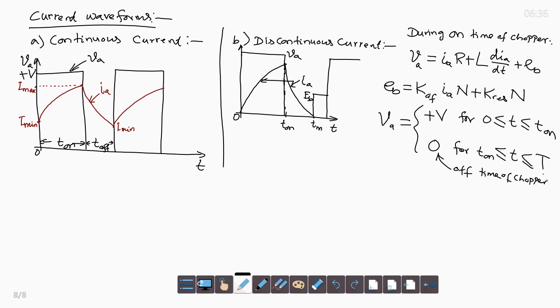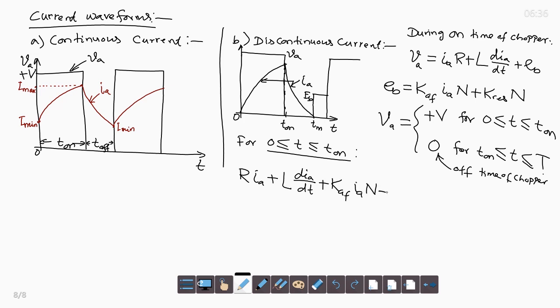So with this, for the time between 0 to T on, the equation is R IA plus L dI by dt plus back EMF, KAF IA into N plus K residual into N, equals V.